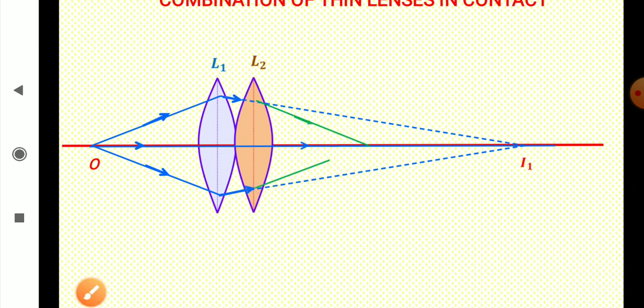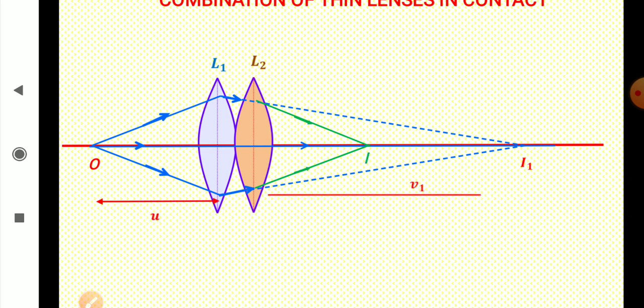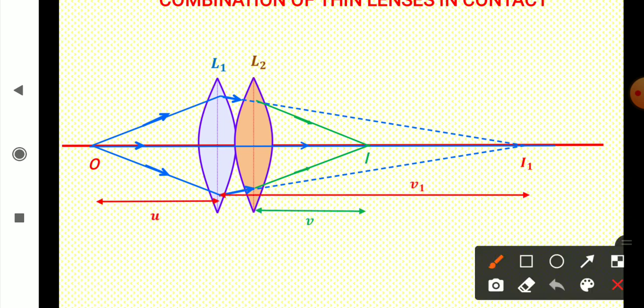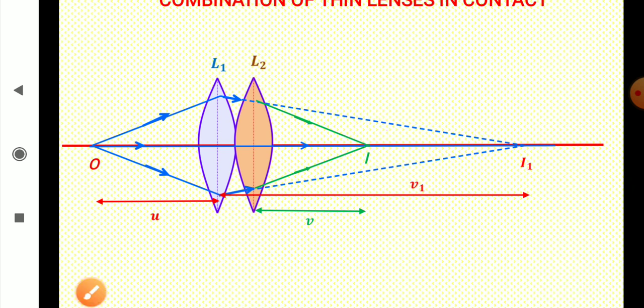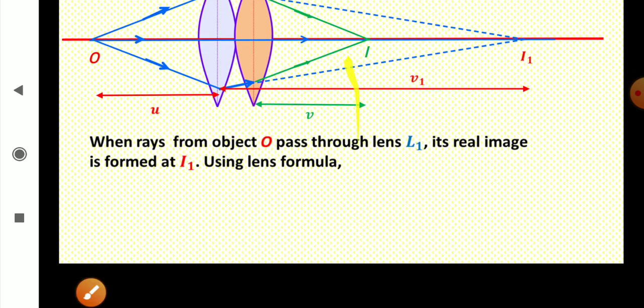Now the rays are converging and the final image is formed at this point I, right? So for the first lens L1, this is object and this is image. For the second lens L2, this is object and this is image, and this is a real image. So we are going to follow this idea only.